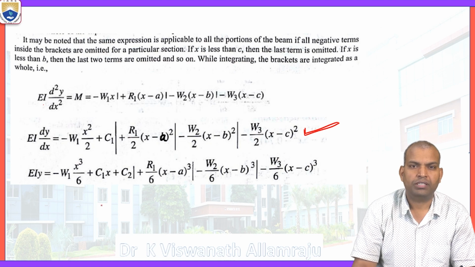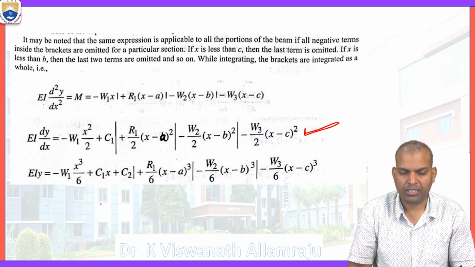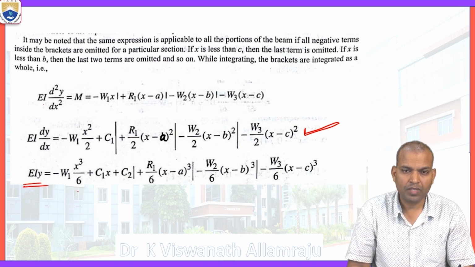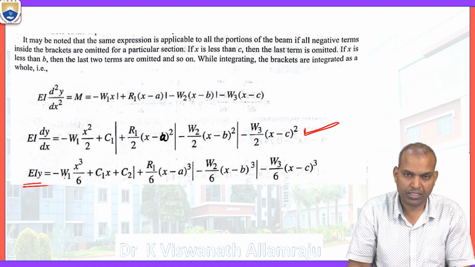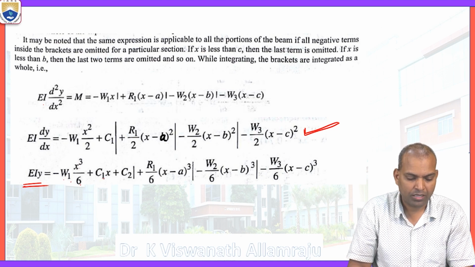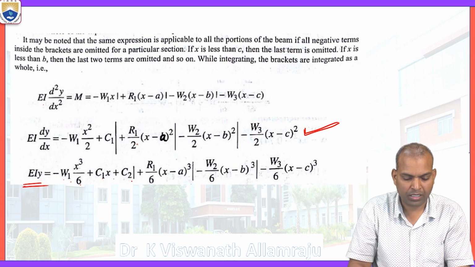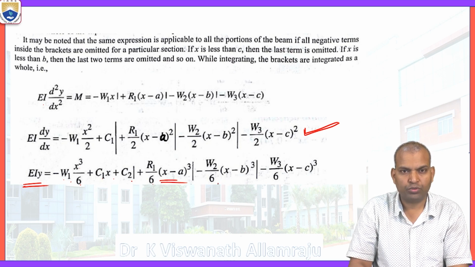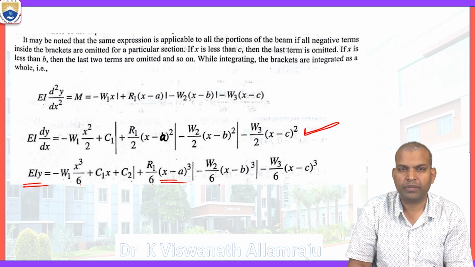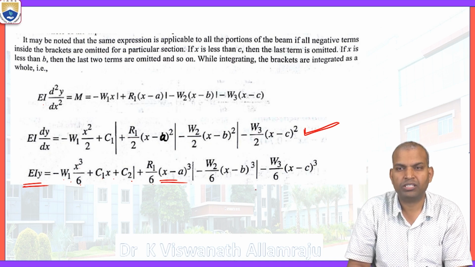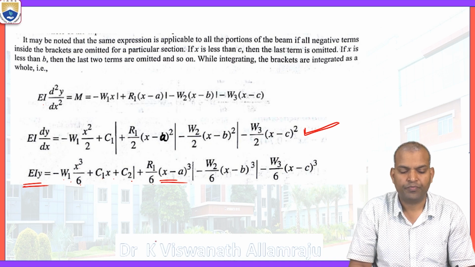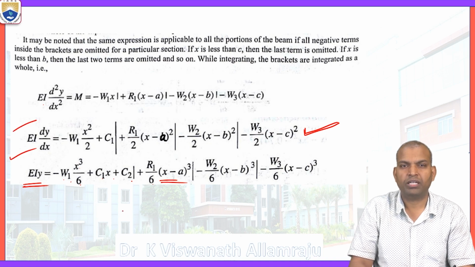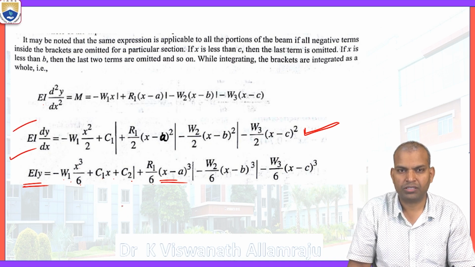Now if you integrate one more time, that gives the deflection equation, that is minus W1 times x cube by 6 plus C1x plus C2 plus R1 by 6 (x minus a) whole cube minus W2 by 6 (x minus b) whole cube minus W3 by 6 (x minus c) whole cube. These two equations are known as the slope and deflection equations.